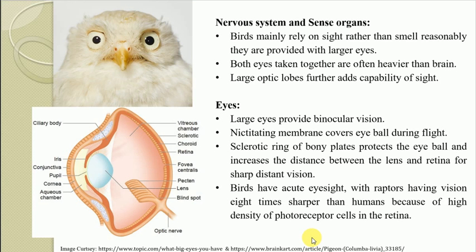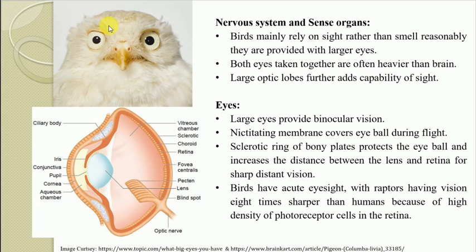Then the nervous system and the sense organs are highly developed. Birds mainly rely on sight rather than smell. Reasonably, they are provided with comparatively large eyes. Both eyes taken together are often heavier than the brain. So the weight of the eyes is often heavier than that of the brain.